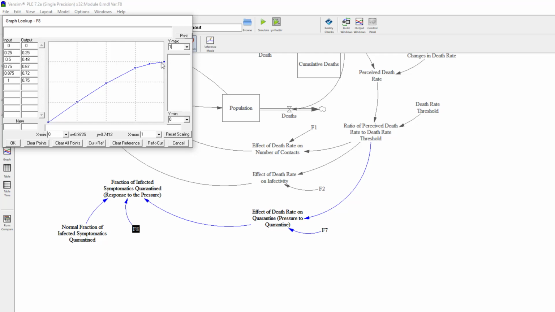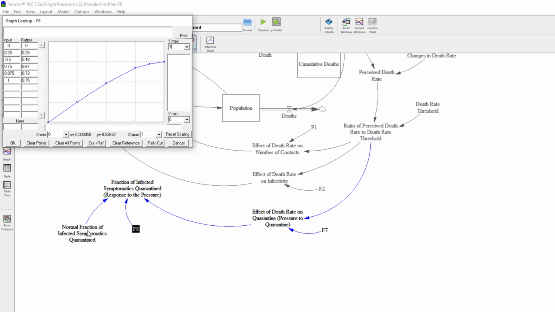So this table function is assuming the maximum fraction that we can quarantine realistically is about 75% of those showing symptoms. Okay, and as we discussed before, the x-axis is actually the normal fraction of infected symptomatics quarantined multiplied by the pressure coming from the death rate, right?